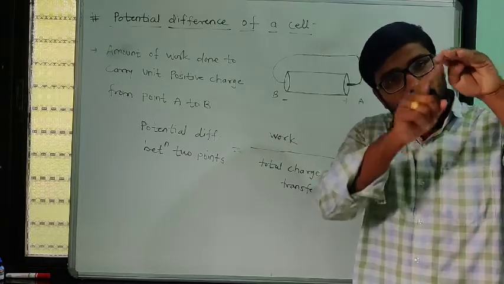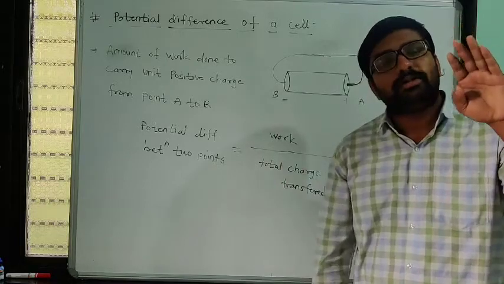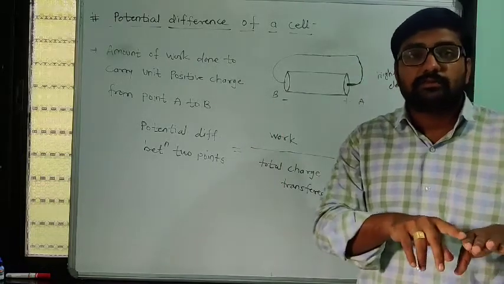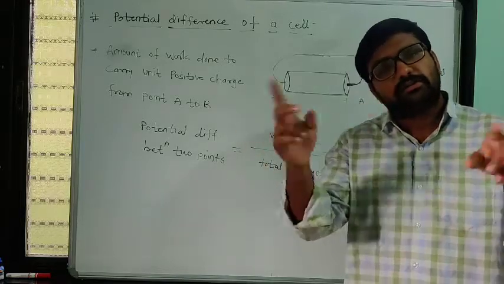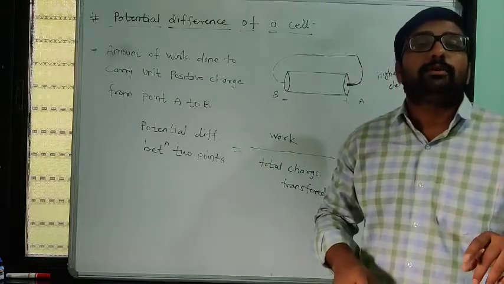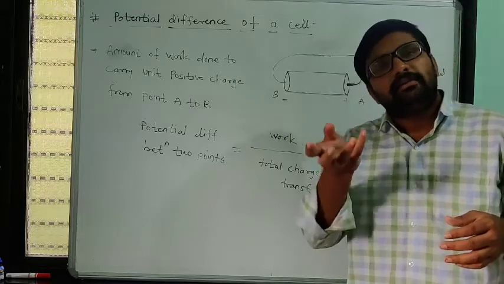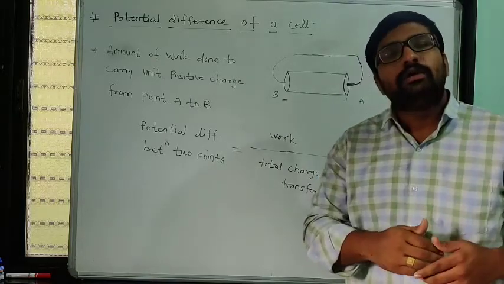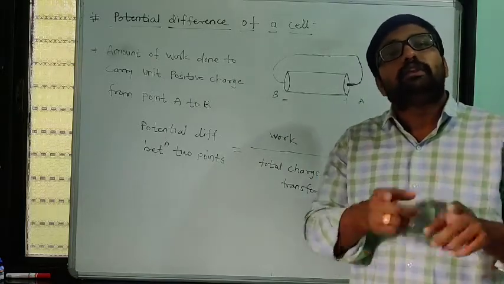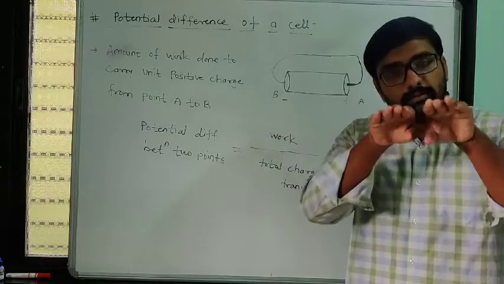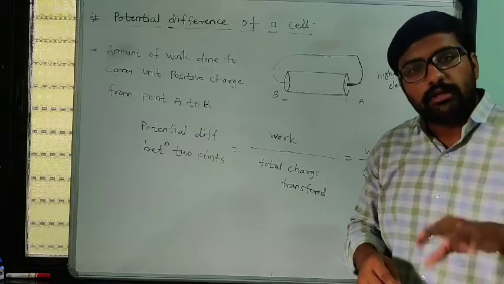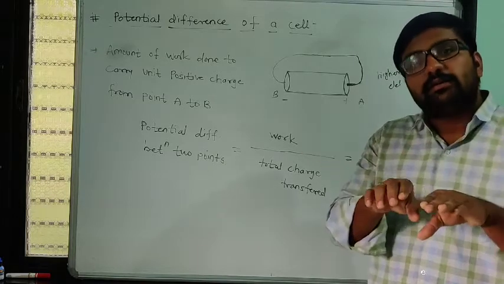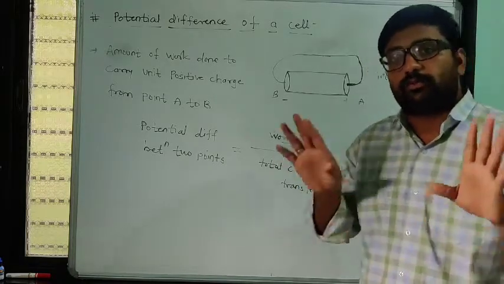Positive charges flow from higher potential to lower potential, and negative charges flow from lower potential to higher potential, such that transition of charges takes place, and this continues until the potential difference of the two terminals becomes equal. As the potential difference between the two terminals becomes equal, this transition of charges stops.